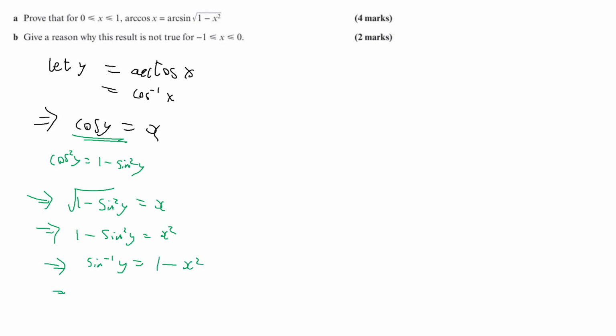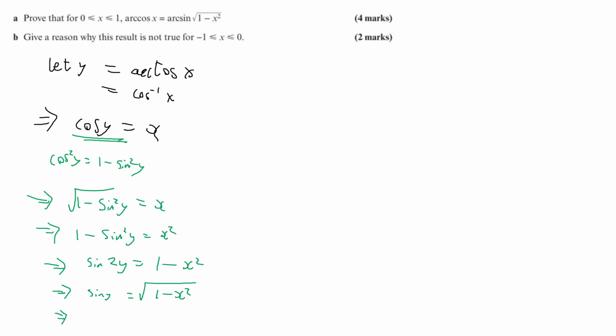Right? Which means that, sorry, this is sine squared y, excuse me. Now we can square root it. So this is sine y is equal to the root of 1 minus x squared.